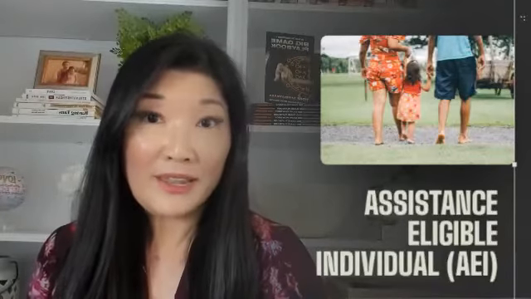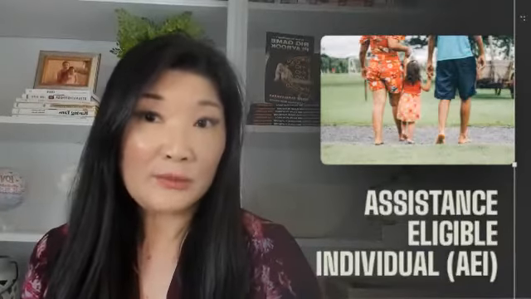So I'll be using the term AEI interchangeably. And what does that mean? It's kind of a new term as it relates to the COBRA subsidy. It means assistance eligible individual. And who is that? Well, it's somebody who is eligible for COBRA coverage due to termination of covered employee's employment, except for voluntary termination, or for reduction of employee's hours, and two, elects COBRA coverage.